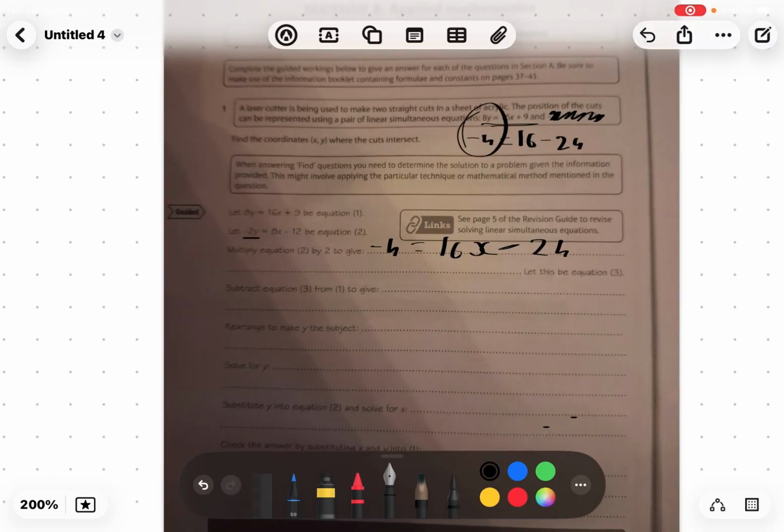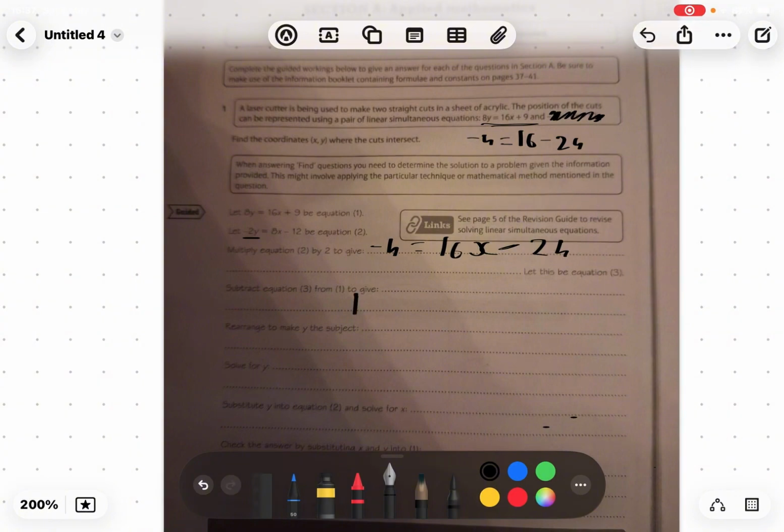So 8y take away negative 4y, by the way. Negative and negative gives positive, so this will be 12y. You have to remember the laws of maths, if that makes sense.